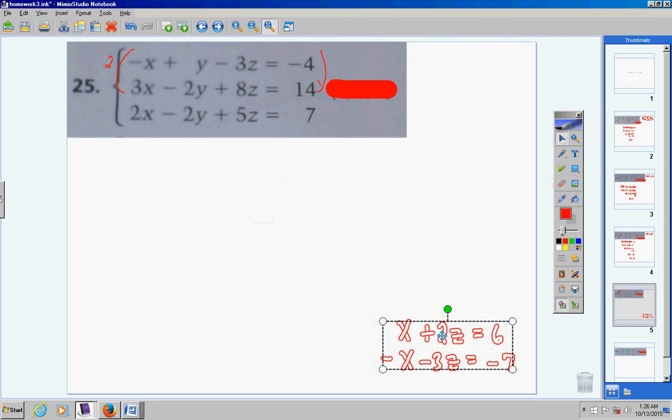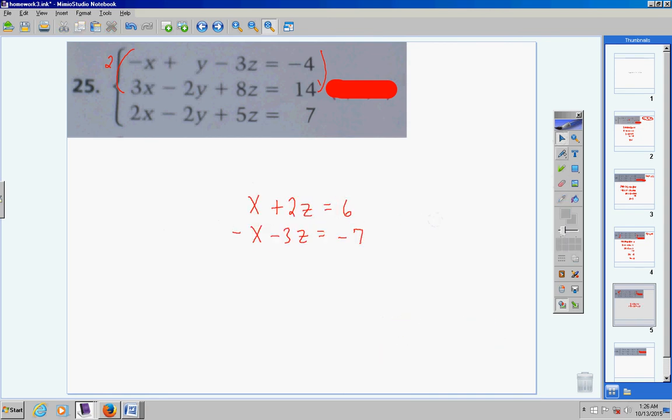Now it looks like my x's are all ready to eliminate, which is really good. I love that. So add these two together, those eliminate. I'm left with -z equals -1. Now if -z equals -1, then obviously z is going to equal 1. So I've got the z answer so far, 1.